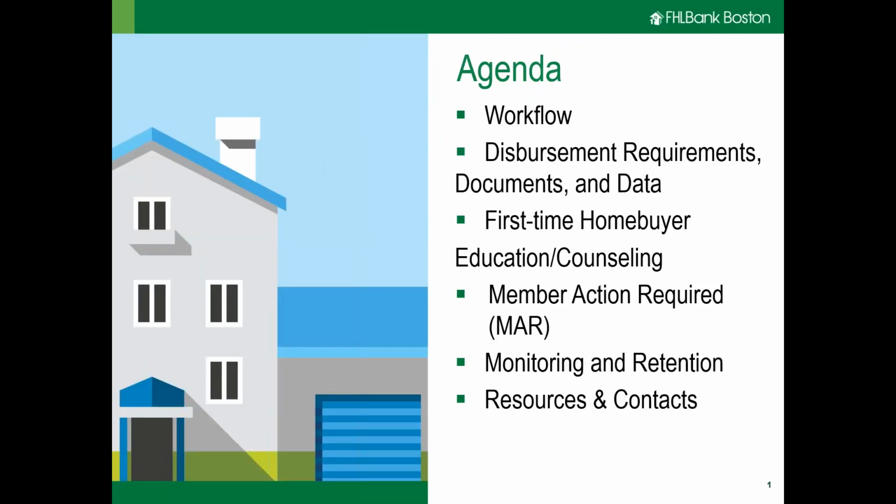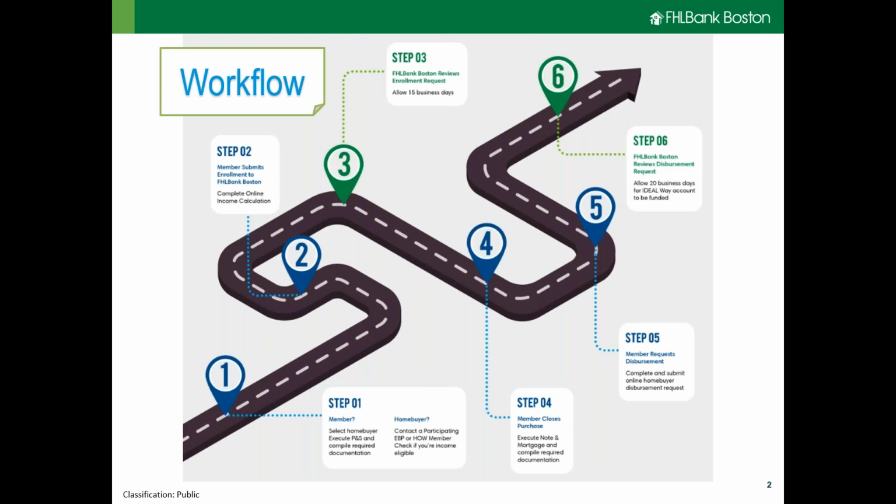We're going to cover how your institution requests the disbursement, which is the reimbursement of one of our grant programs. Specifically, we're going to be referencing the Equity Builder Program today, as well as Housing Our Workforce. Before we get in, the first part is typically done by your institution's processor and underwriter.